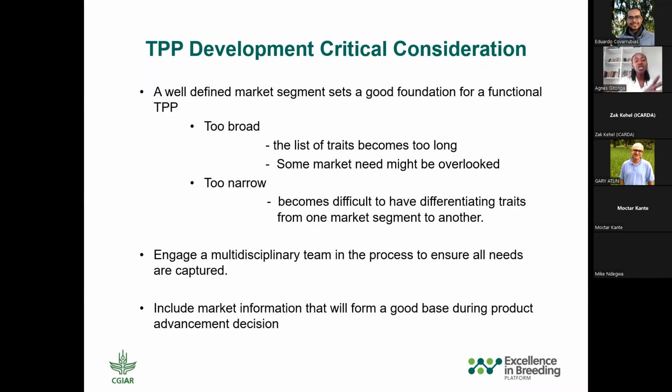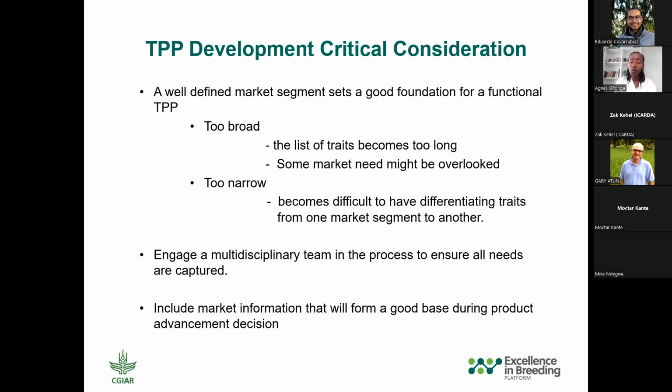And if it is too narrow, it becomes very difficult to differentiate between market segments. At the end of the day, it shows that we focused on nitty-gritties that do not essentially drive any differentiation as far as product adoption in a given market segment is concerned.